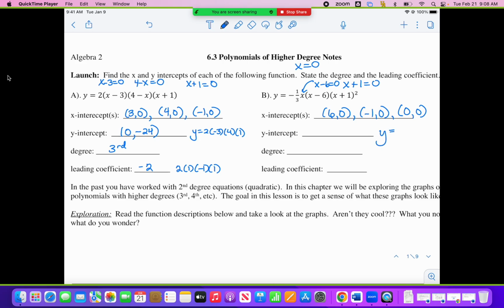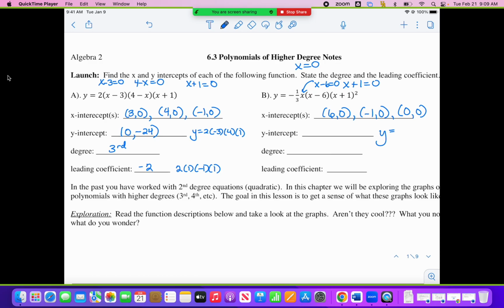Then, Brennan, what is the y-intercept? Okay, now how do you find a y-intercept? So x is equal to 0.